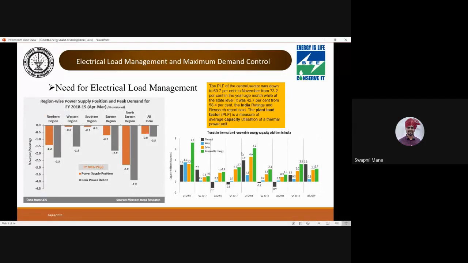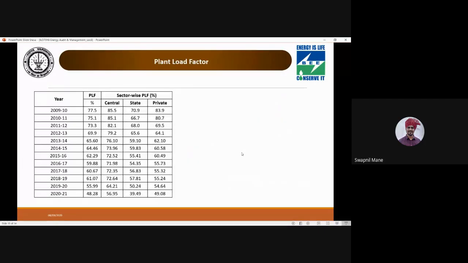Okay, so let us see here. This is the plant load factor for various years. In 2009-10, the sector wise plant load factor means there are power plants at the central level, which is NTPC. NTPC is a central power plant.